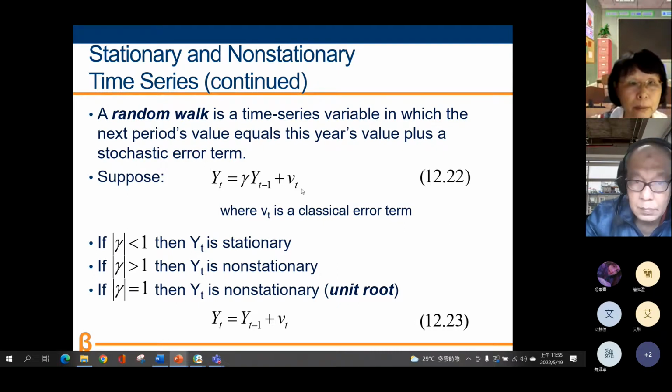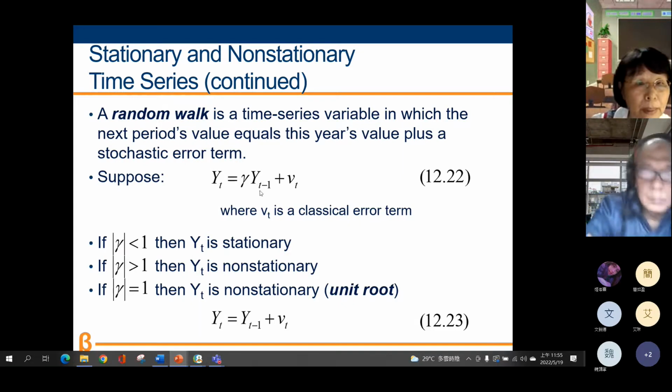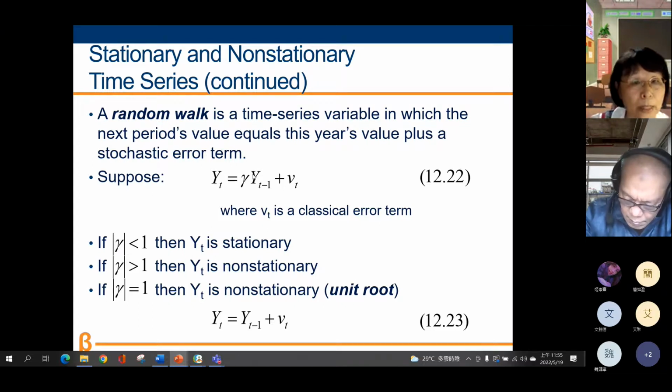This is the expression of the current variable yt having a relationship with the previous y, the last period. We know that this gamma is the coefficient of the relationship between yt and yt minus 1.